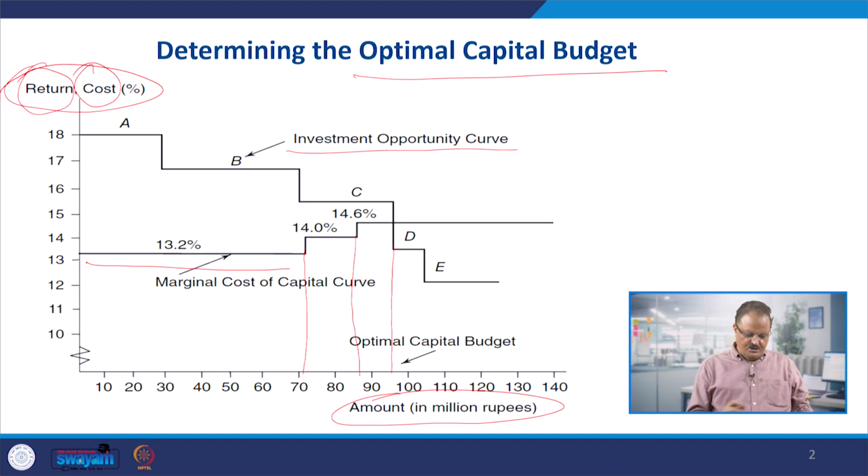And for example, all these three projects are independent, and you have the borrowing capacity also, and you can make investment from your internal sources as well. In that case, you have to look at up to what extent you can make the investment, because it's not just a question of making the investment. At the same time, you have to see the cost of capital also. It's the internal cost of capital, and it is the external cost of capital also, the equity investment as well as the borrowed funds or the debt investment.